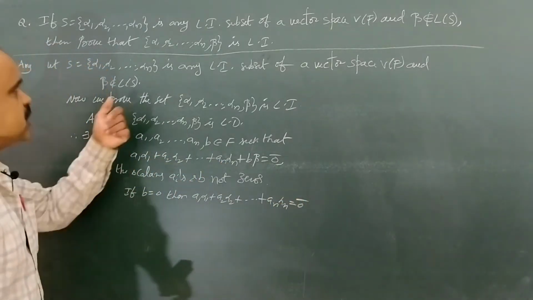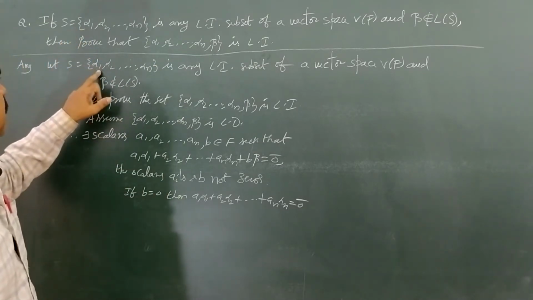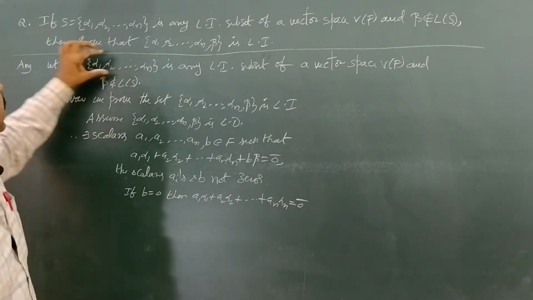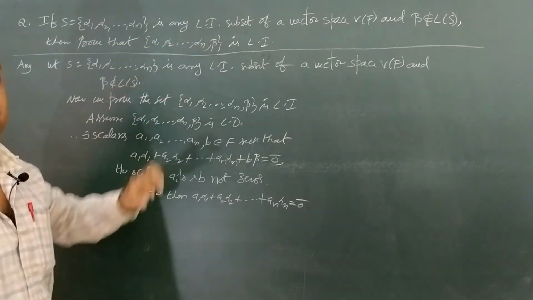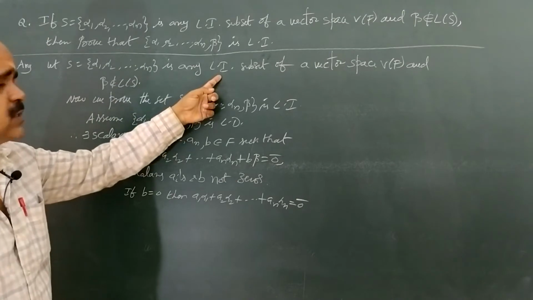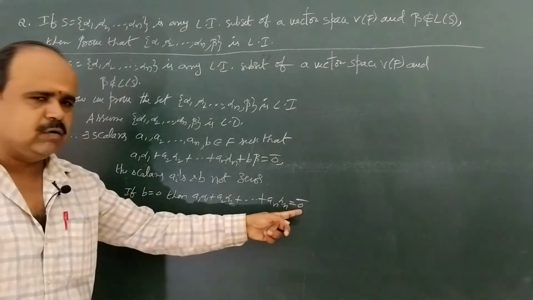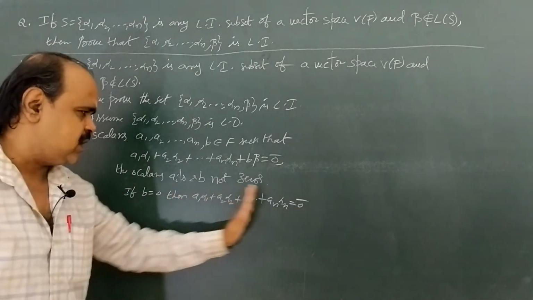But from the statement, the set S equal to the set alpha 1, alpha 2 and so on alpha n is linearly independent. That means the linear combination of these vectors is 0 and the scalars are zeros.